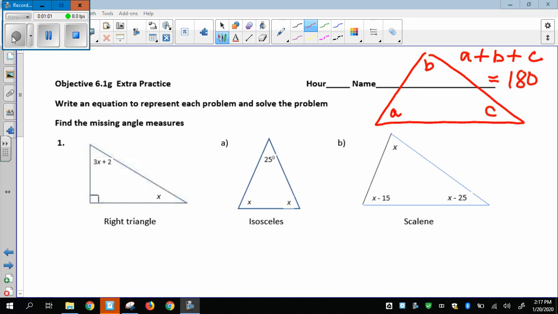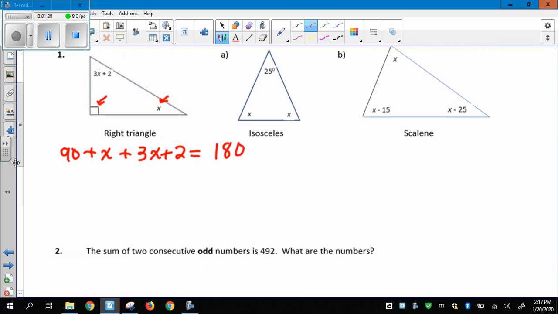What you should notice about this first triangle here is it's a right triangle. So that first angle there is 90. I'm just going to put 90 plus, and then the second angle, the missing angle, we represented with x. And the third angle is represented by the expression 3x plus 2. And when I add all three of those up, it's going to equal 180 degrees.